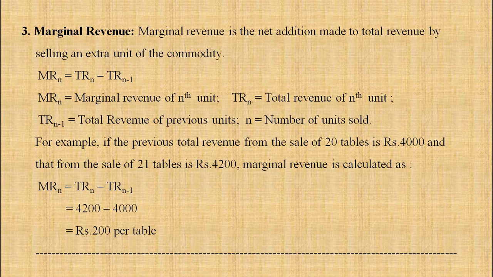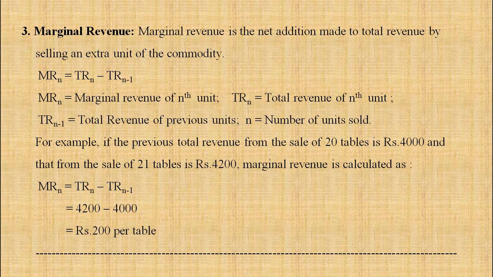For example, if the total revenue from the sale of 20 tables is 4000, and that from the sale of 21 tables is 4200, the marginal revenue can be calculated as MRn is equal to TRn minus TRn-1, that is 4200 minus 4000 is equal to 200 per table.